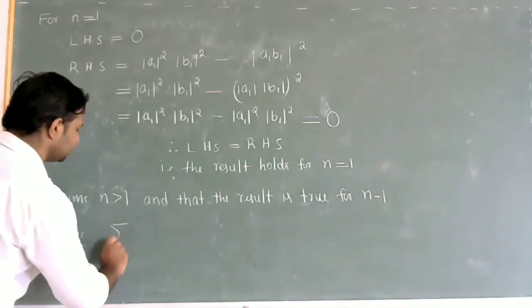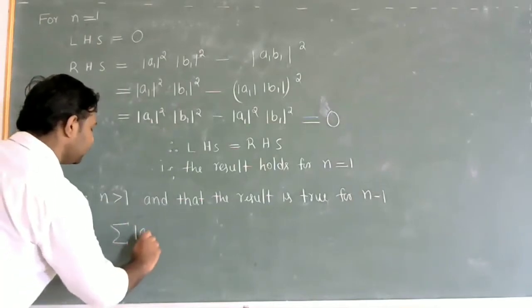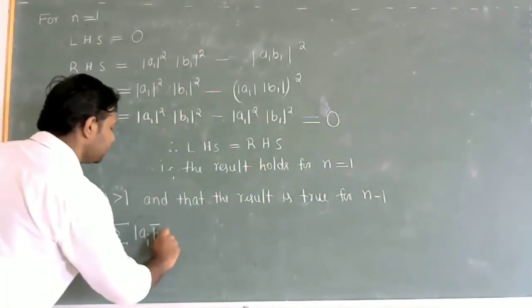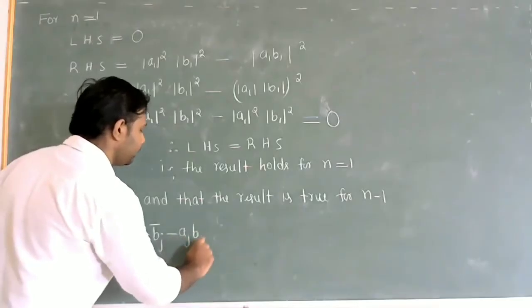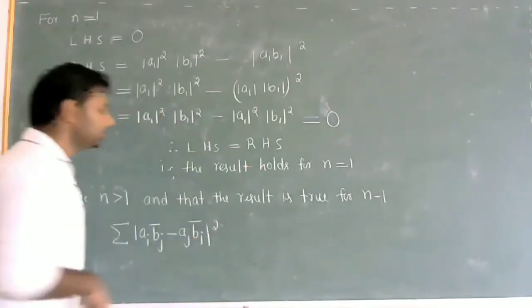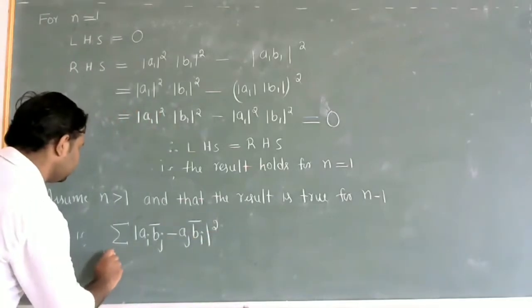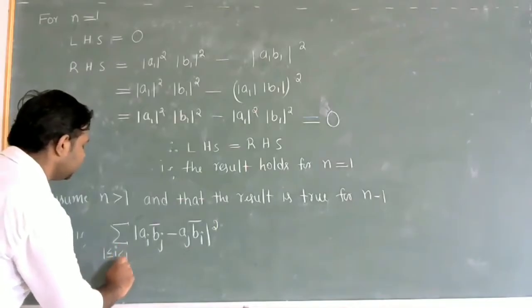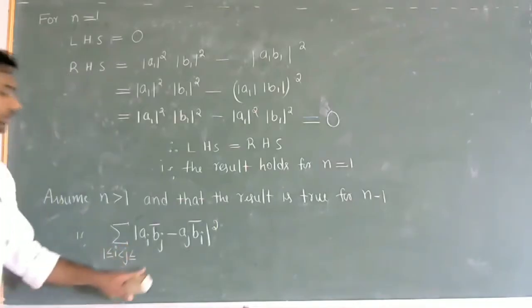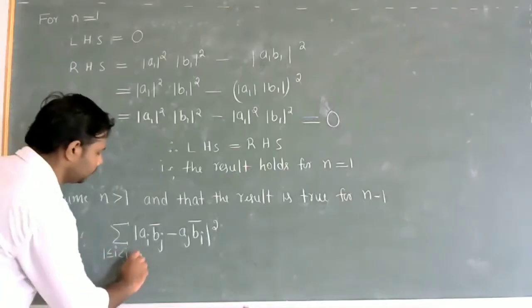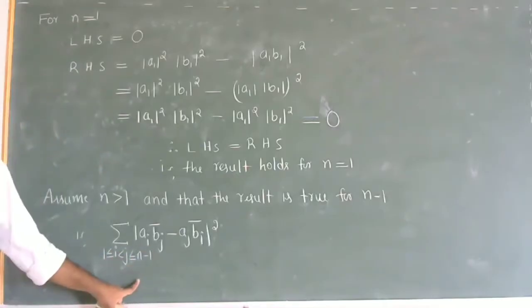So actually the result is summation modulus of ai bj bar minus aj bi bar, modulus whole square, 1 is less than or equal to i less than j less than or equal to, so here just you have to write the natural number n minus 1.